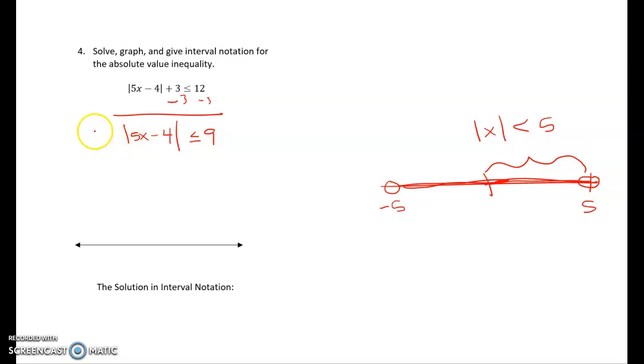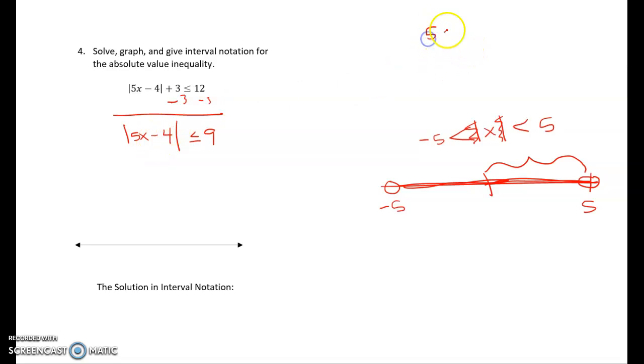Now at this point we can take into account that absolute value and separate it. In this little example I did with 5, it's basically greater than -5 or less than 5. And so we would just put that over here, greater than -5, and that would get rid of the absolute values. We're going to do the same thing here.